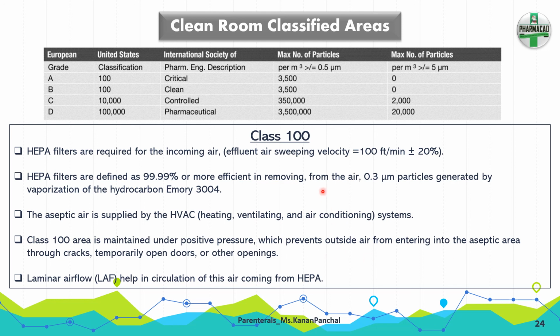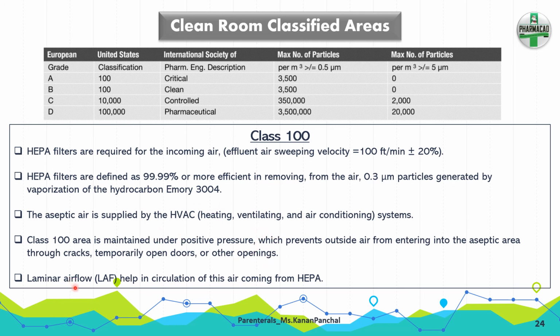So the pressure in the class 100 room is more. Even though the door is open for some time, air moves from a higher pressure to lower pressure. So the aseptic air will flow out, but the contaminated air would not flow inside the class 100 room. That is the importance of it being under positive pressure.